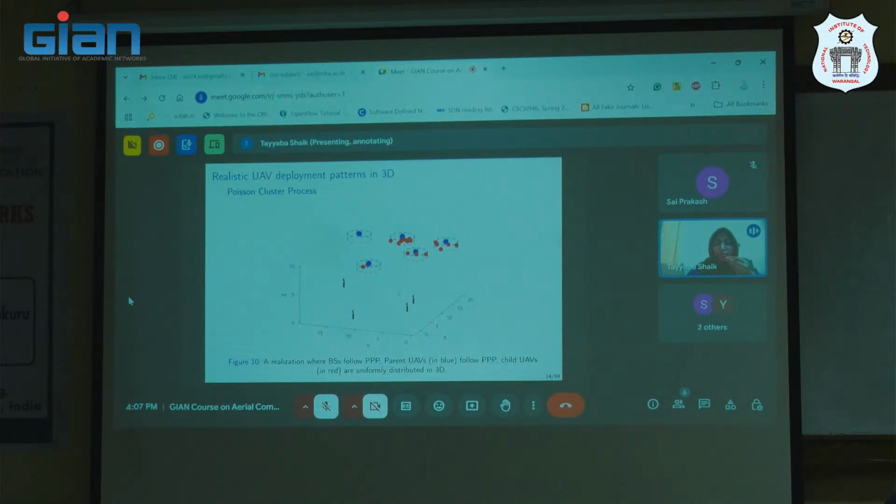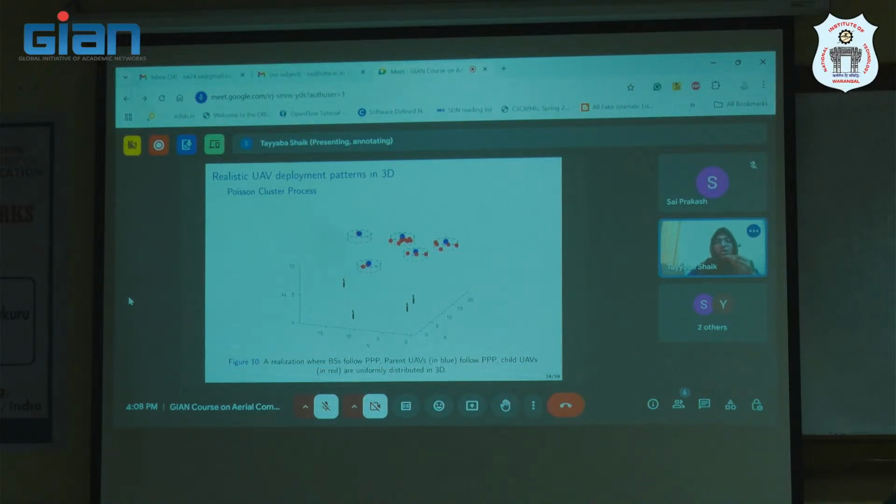One thing I would want to highlight here is that it is not necessary that there is always a parent UAV in each cluster. You can as well treat it as some reference point around which the child UAVs are distributed in a disk, in a cylinder, in a sphere, or in any rectangular grid.